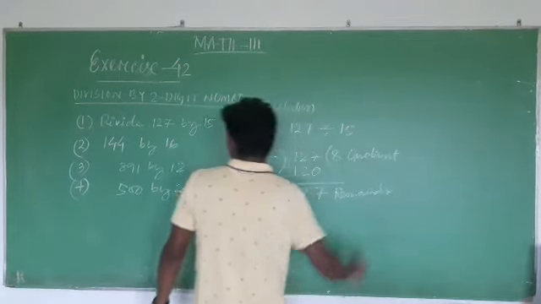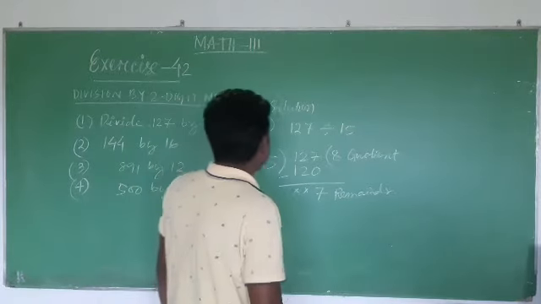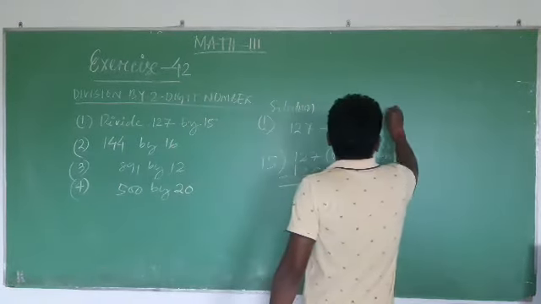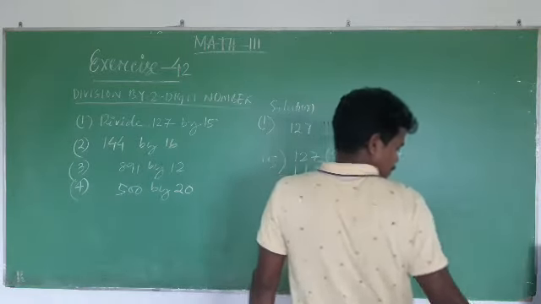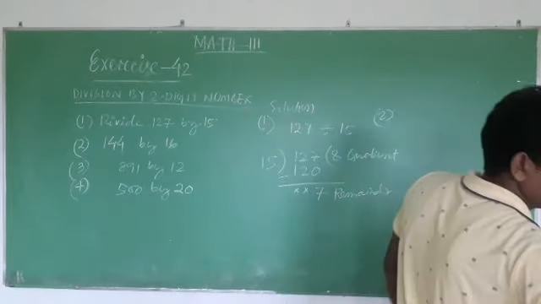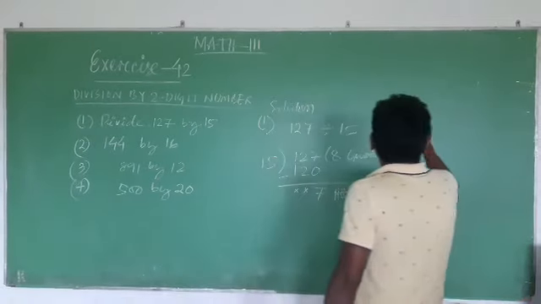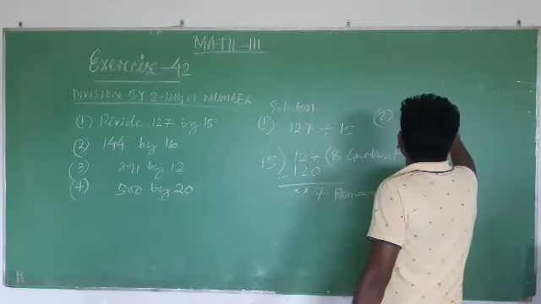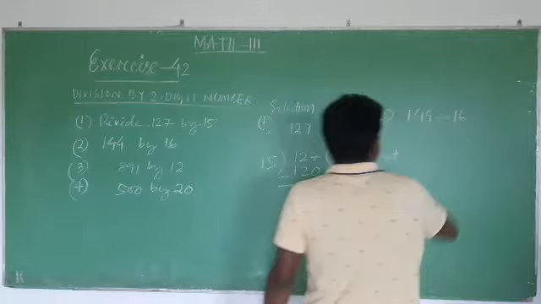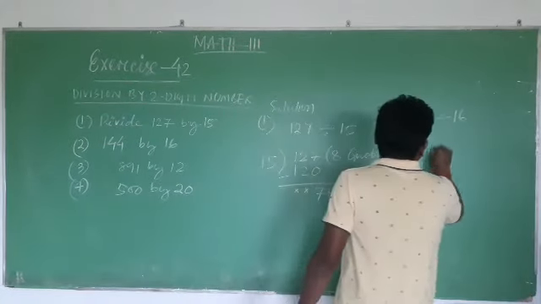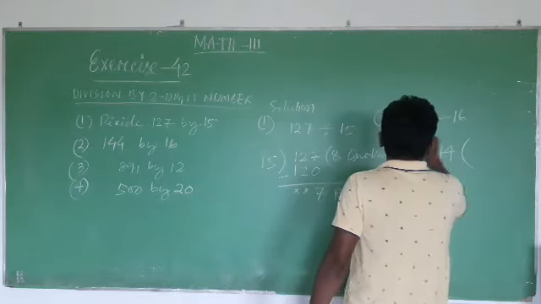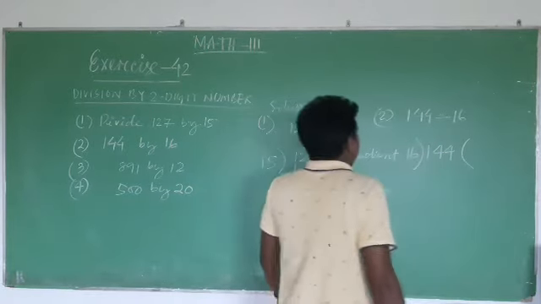Okay. Similarly, next question. Question number 2. That is 144 divided by 16. Okay. 144 divided by 16. So do it. 144 by 16.